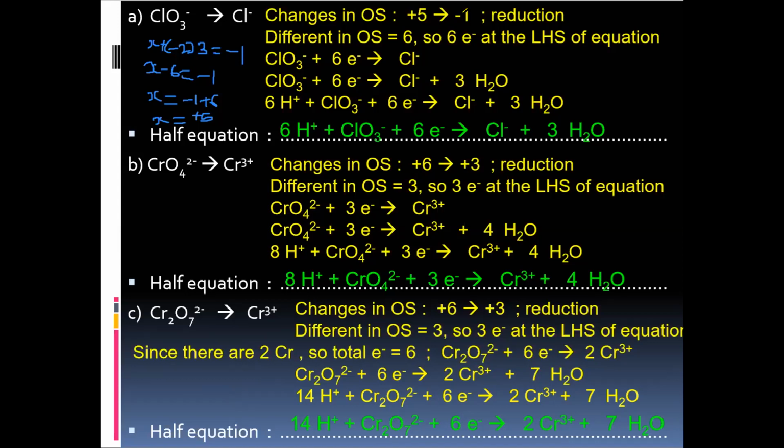But what has actually happened in reality is that it has gained electrons, okay? The next thing to find out now is the difference in the oxidation state. Now, this is +5 to -1. What's the difference between +5 and -1?